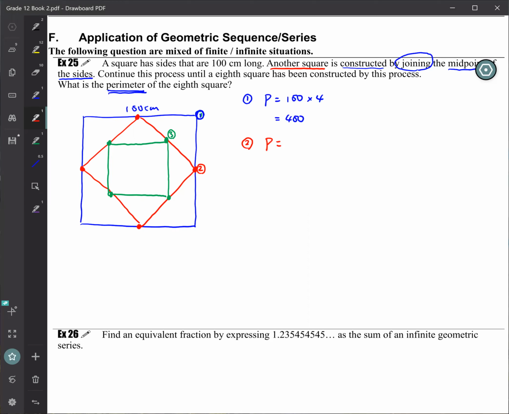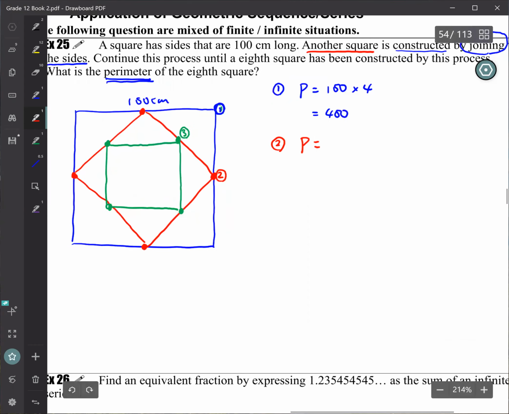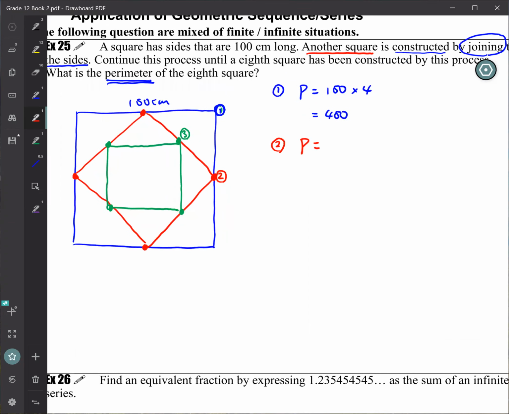Eric, what do you think? Any plan? We find the side length of the eighth square and then multiply by 4. Find what? Find the side length of the eighth square. Yeah, but we are not doing the 8th square yet. Okay, we are doing the second one, right?